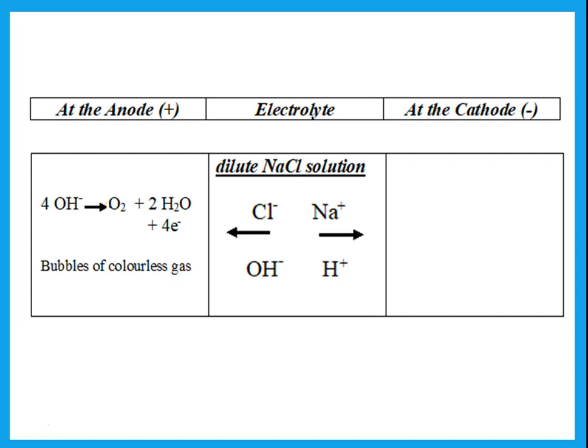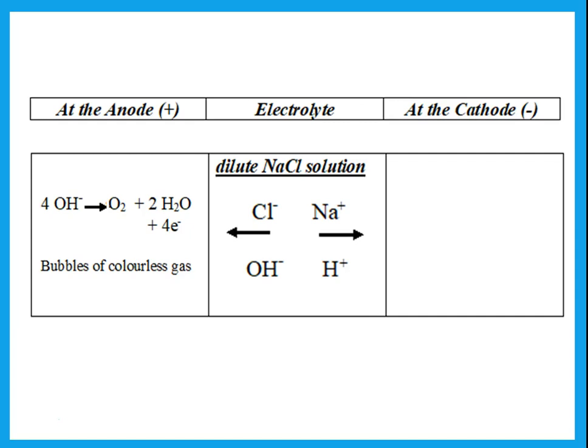Now you have to remember, when hydroxide reacts, what does it do? It loses electrons, of course, and it changes into what? It changes into oxygen and water. Okay? So first of all, when hydroxide ions react at the anode, they form oxygen, water, and electrons. And then you need to balance. Can you balance this?